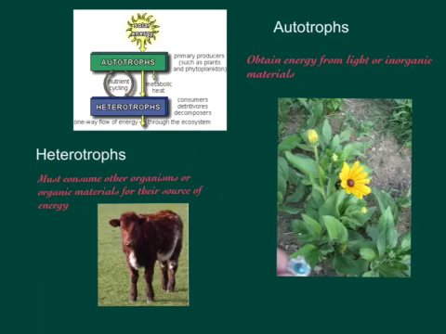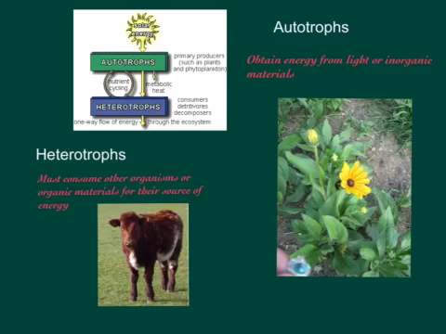Okay, there are two different types of organisms in food chains and food webs, and one is called autotrophs, and they obtain energy from the light or inorganic materials. And these autotrophs are usually plants.